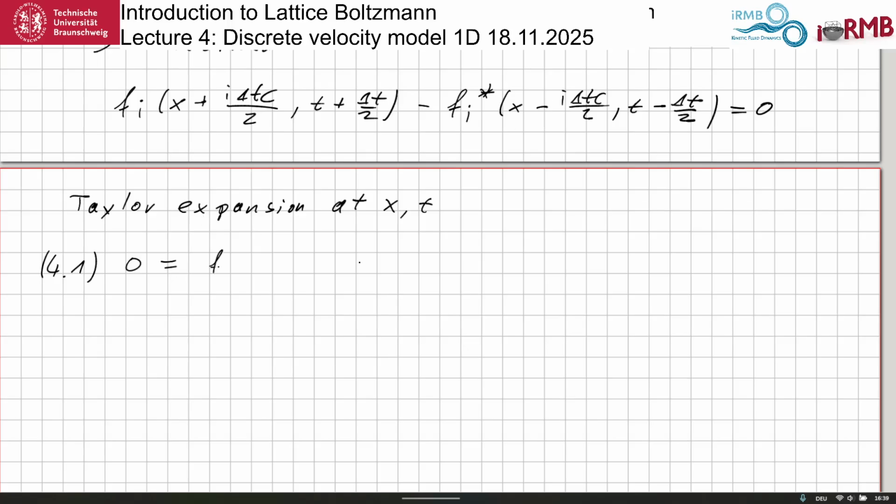this at this position, I get fi at x and t minus fi asterisk, so after collision, at x and t, which you can recognize as being the collision, and I think it should be minus the collision.